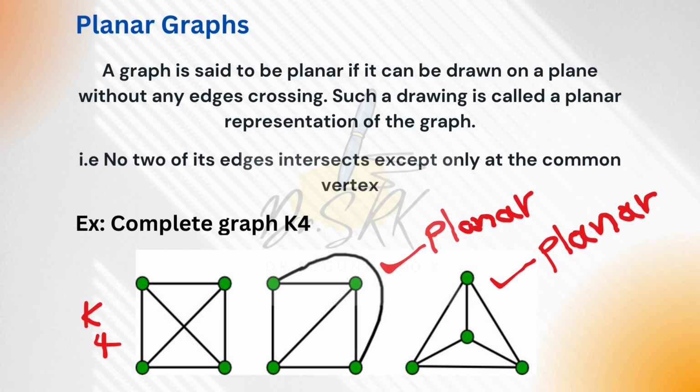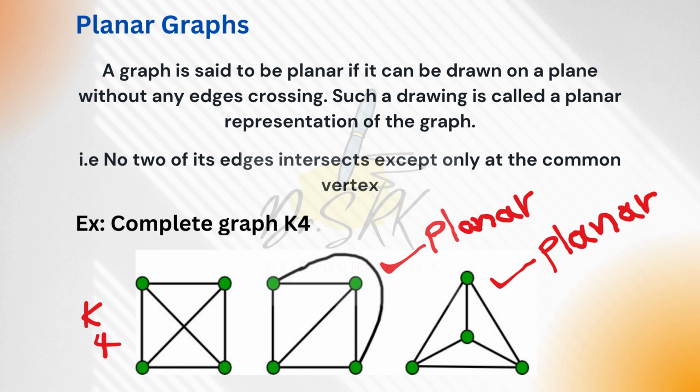That's why it is not a planar graph. The second graph shows that all edges between the four vertices are drawn without any edges crossing. That's why the second graph is a planar graph.